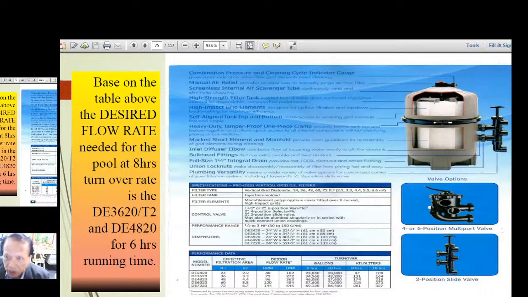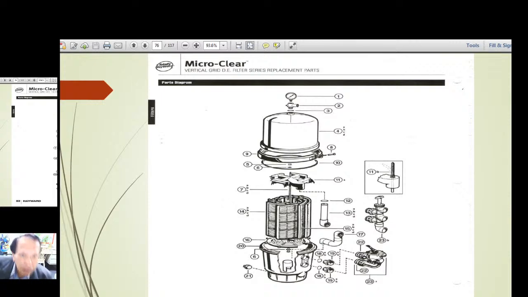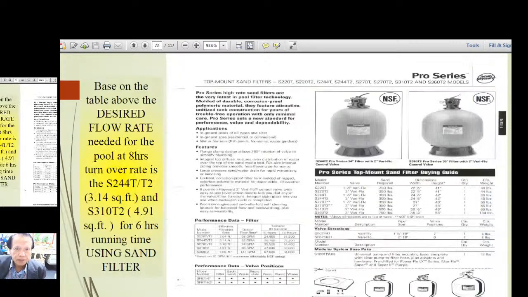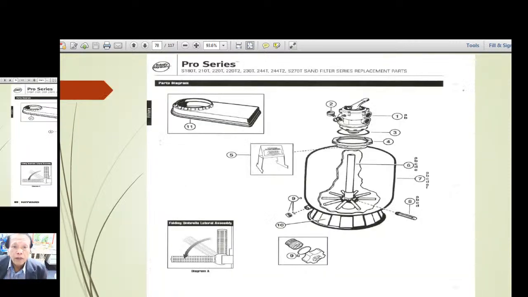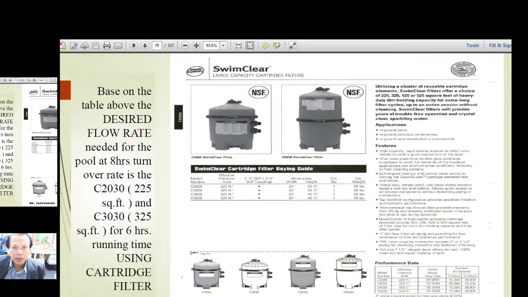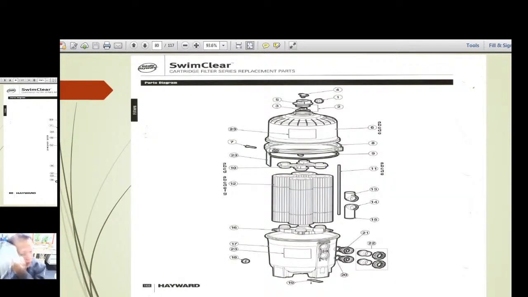So here is a picture of that, and a blown-up picture of that filter again, with the specification here on the left. This is the next one, a larger one, and this one is also a blown-up of that larger one.